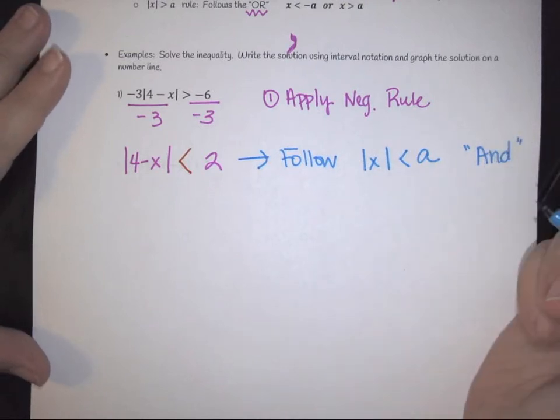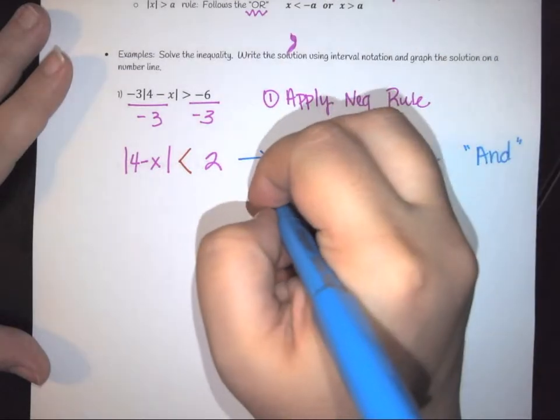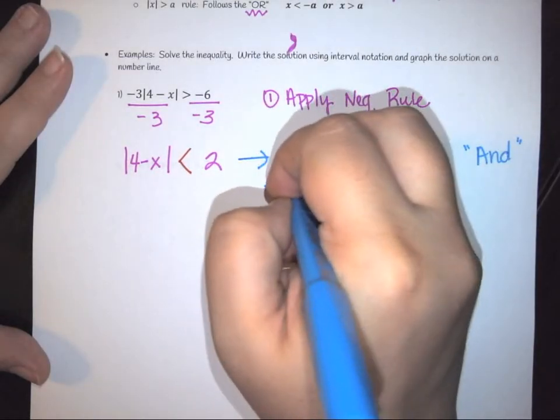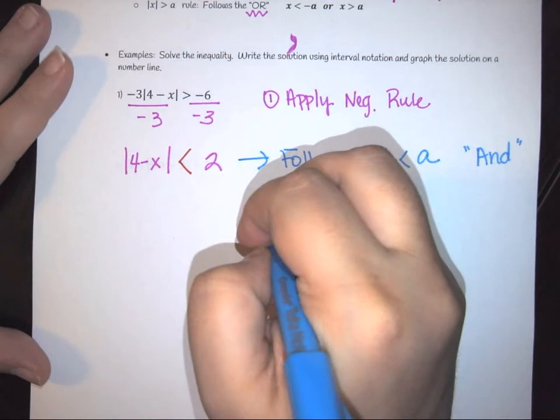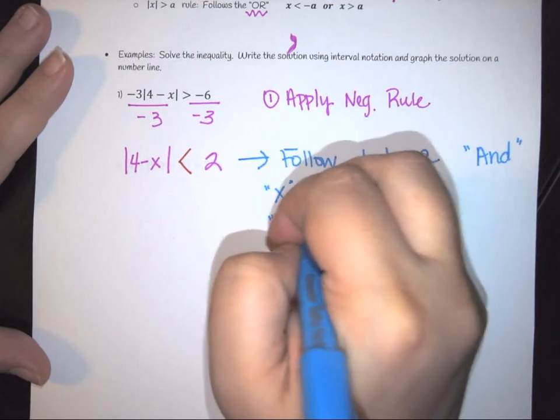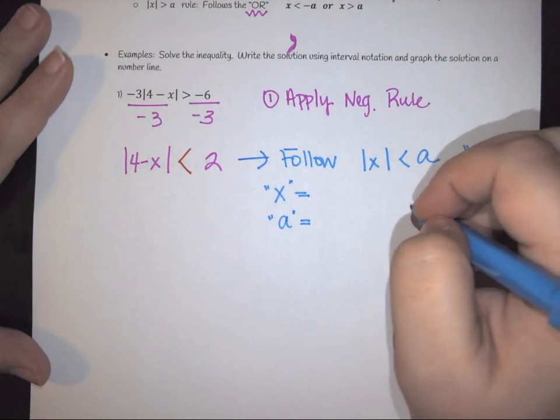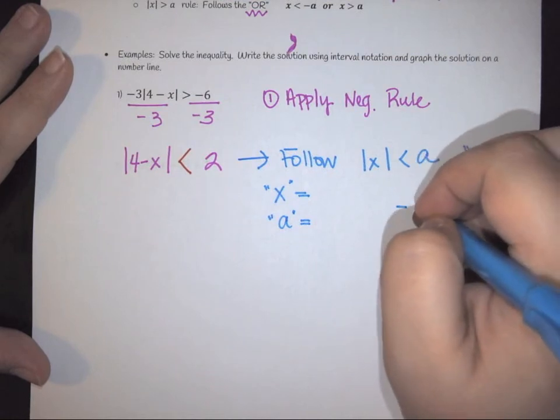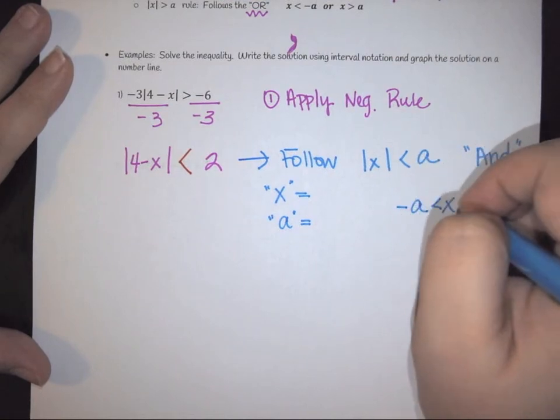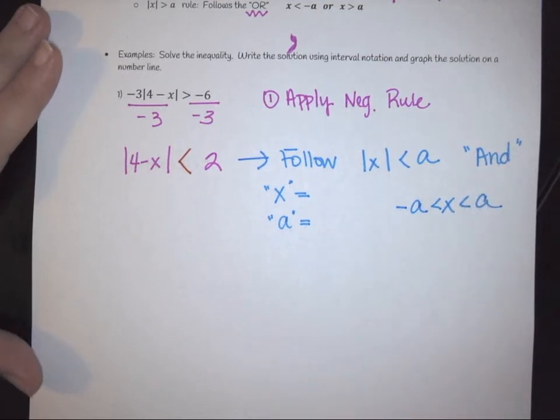To do that, we need to identify a few pieces. We need to identify the x and we need to identify the a. And the reason for that is so that we know what gets plugged in, because our rule says negative a less than x less than a.